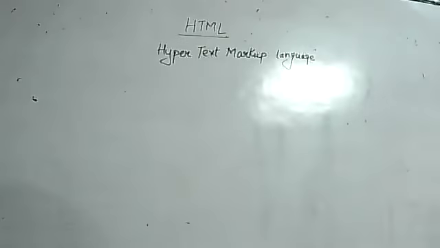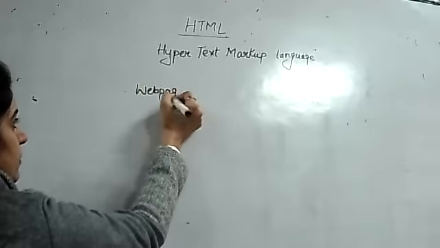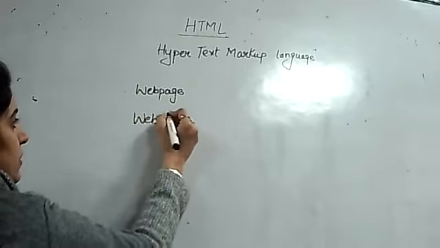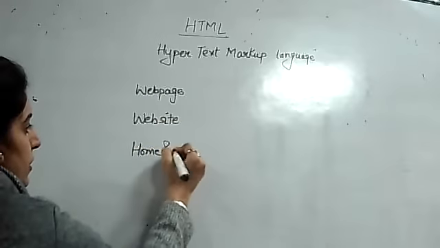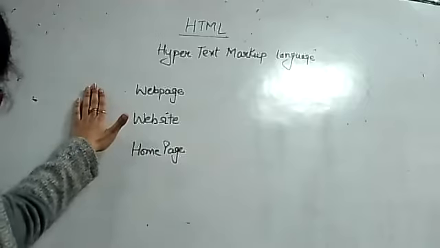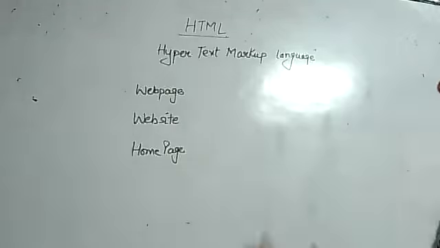When we discuss the concept of web page, website, and home page. Web page means a single page of a website that either contains text data, audio, video, multimedia, animation.